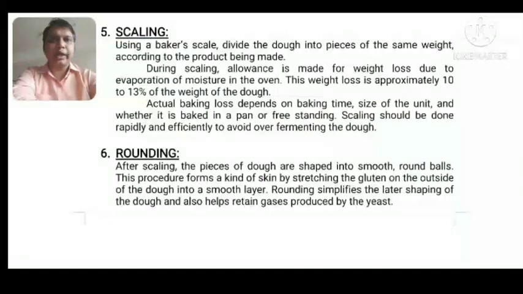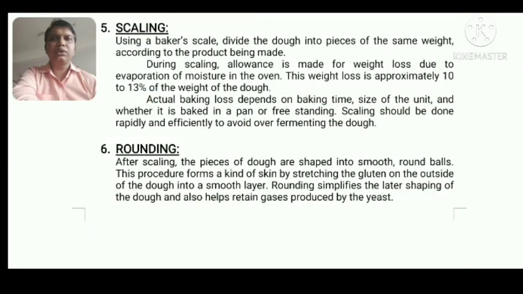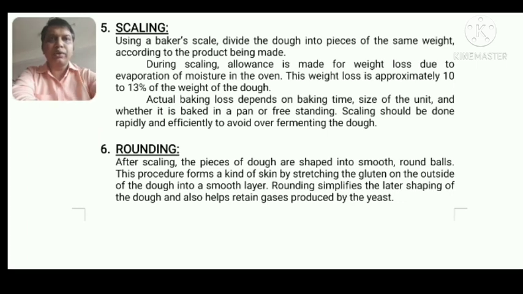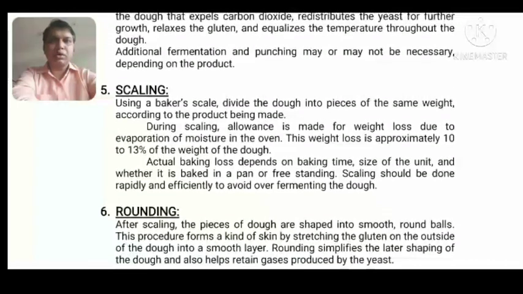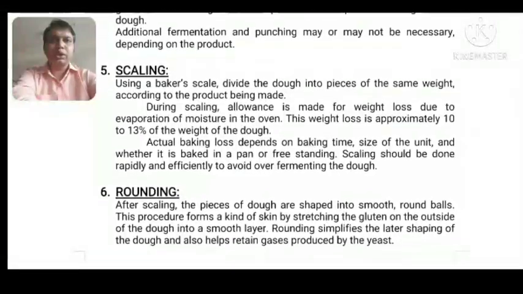After baking there is a loss of near about 10 to 13% of water or moisture content, due to which the weight will be lighter, and that's why we need to do the scaling properly.